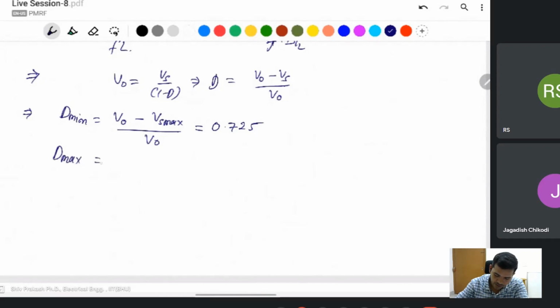D maximum is V output minus V minimum divided by V naught, 200 minus 45 divided by 200.